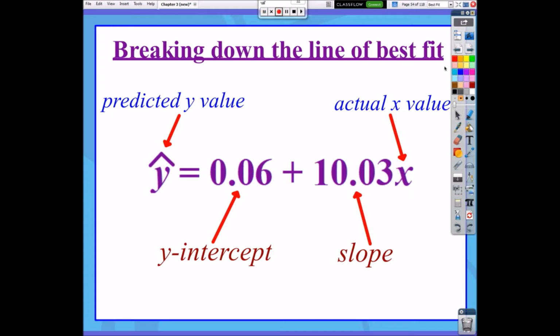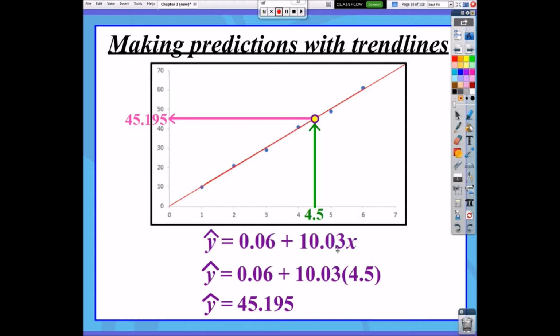So if we didn't have a value for, say, 4.5 hours of sleep in this particular problem, hours of sleep versus test scores, then I could plug in 4.5 for x and come up with a decent prediction for what y is. Here are two ways you can make that prediction. You could use your graph: 4.5 would be in between 4 and 5.